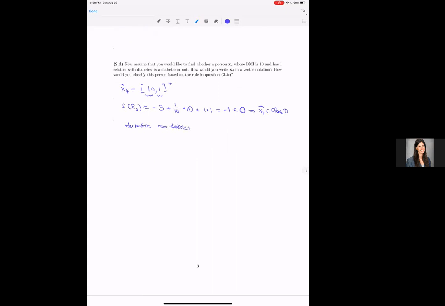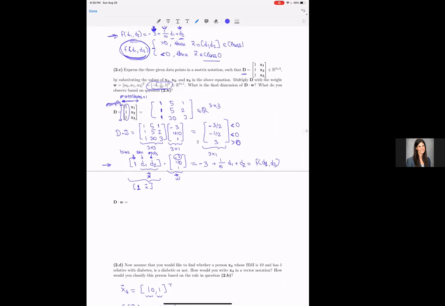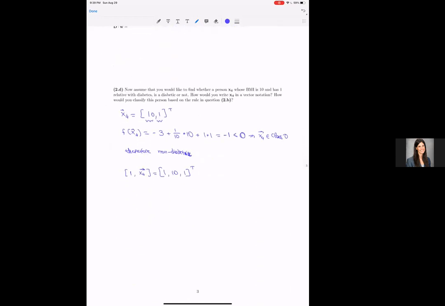We could have done this in a slightly different way. Instead of only having the two variables of x4, namely BMI and number of relatives, we could have kept this vector notation for x4. In this way, we would have had 1, 10, 1. And we could have multiplied this vector by the vector W that we found in question 2C. The vector W was -3, 1/10, and 1.